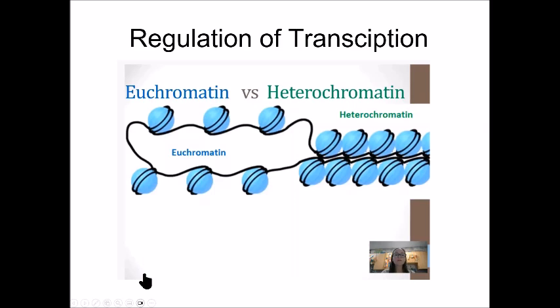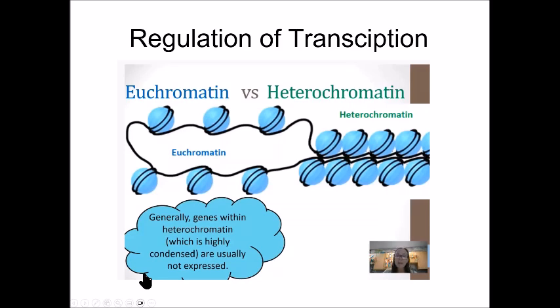So it would be easier for RNA polymerase to attach to a promoter in euchromatin and much more difficult in heterochromatin. Generally, genes within heterochromatin are not expressed because it's so tightly condensed.